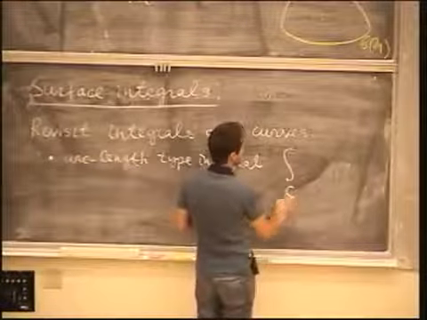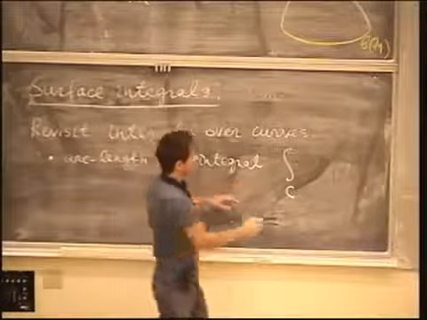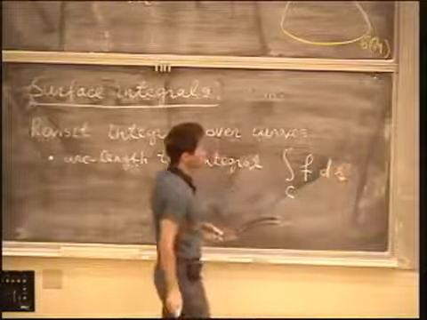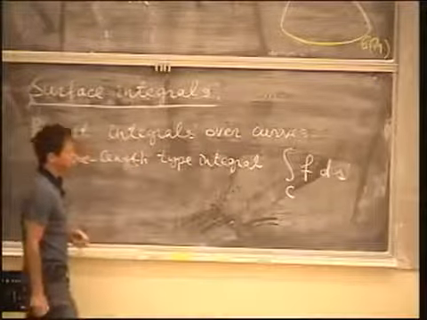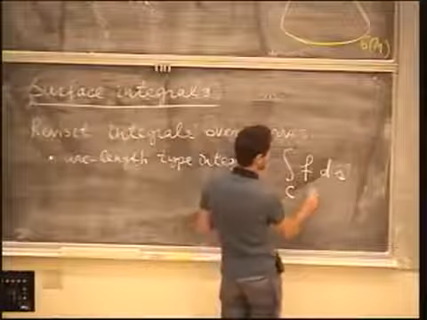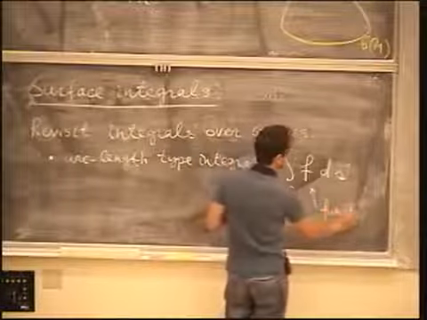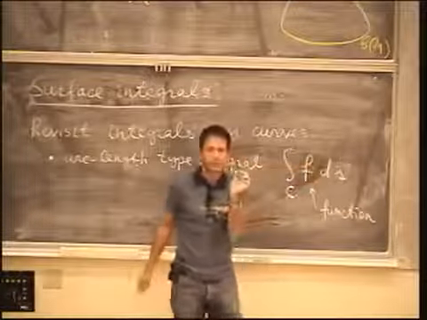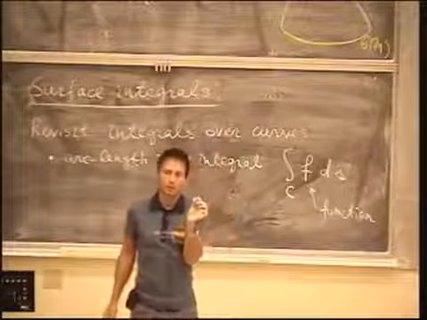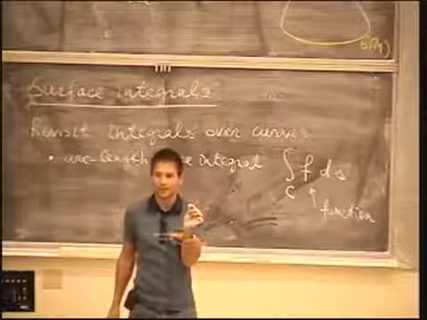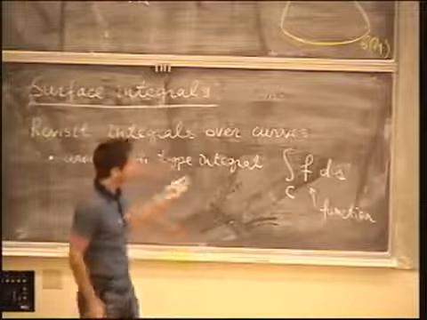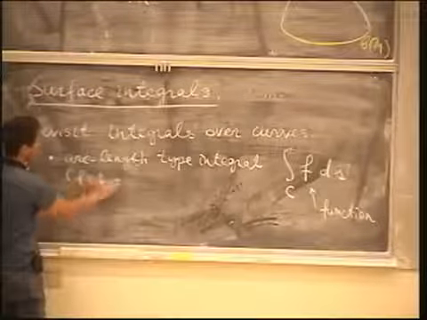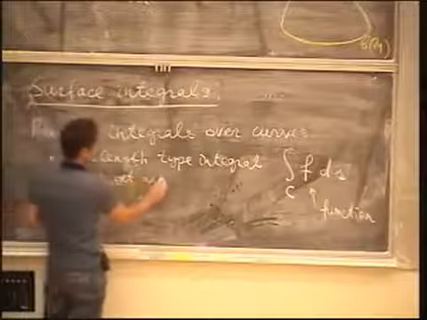In this case, we have a curve C, and we integrate a function. And the expression for this is f ds. So f here is a function on this curve. And this ds represents the length of a very small piece of that curve. Okay? So what is the meaning of this integral? The meaning of this integral is that if f is equal to 1, we get the arc length of the curve.